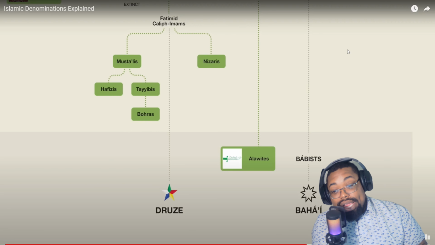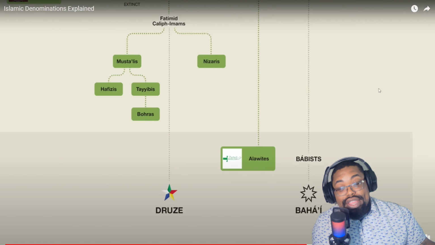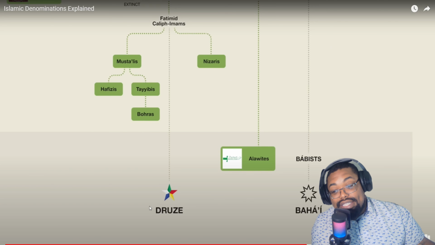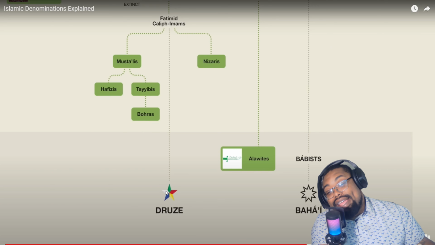Guys, all three of these are incredible. I like all three of these. The Druze, I like this one. Now don't hate me, Druze, but this feels like some type of Power Rangers, maybe the one with the Voltron vibe here, but for religion.